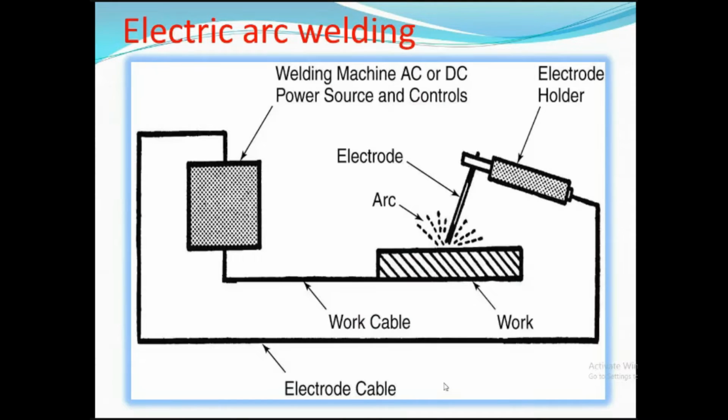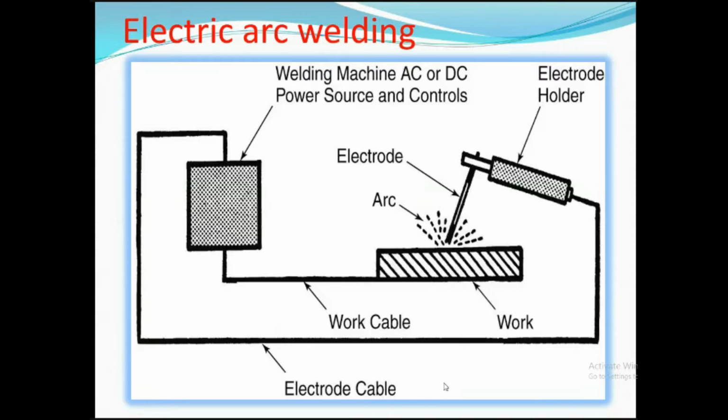Now the next welding technique is electric arc welding. We are familiar with electric arc welding because we see it a lot in fabrication, where it is used for joining purposes.